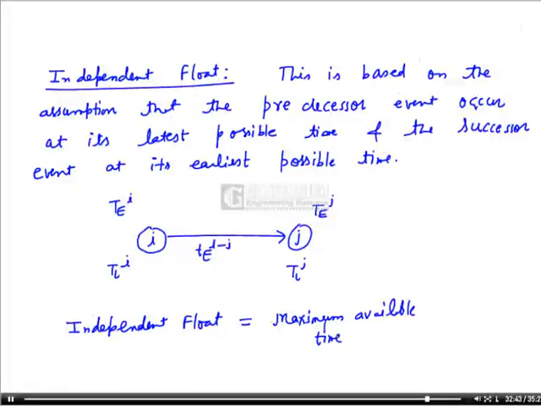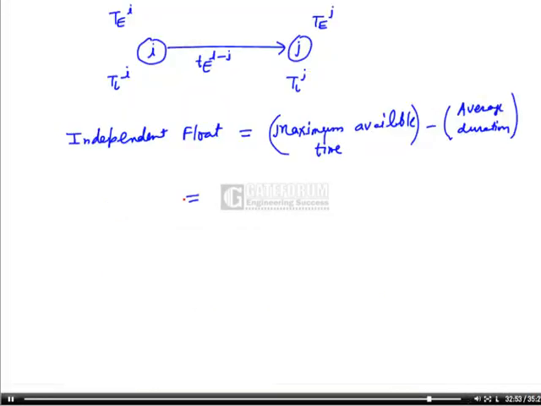The maximum available time, assuming the predecessor's event occurs at its latest possible time and the successor at its earliest event time, will be T of j minus TL of I, minus the average duration, T of I to j. So we will take one example and then we can understand.